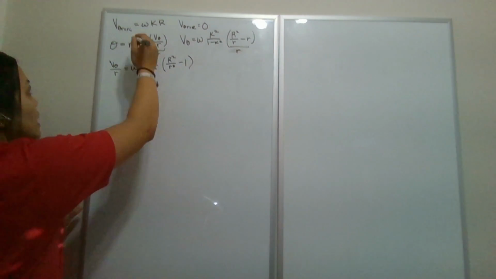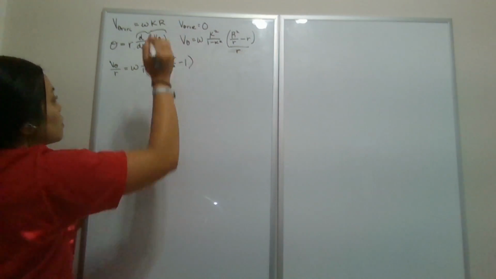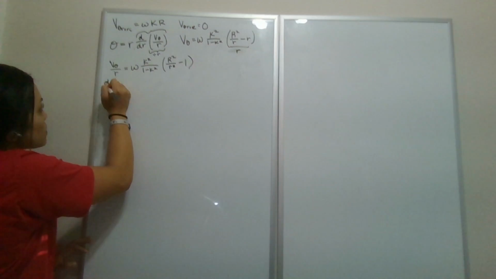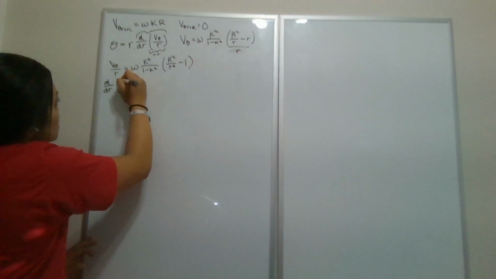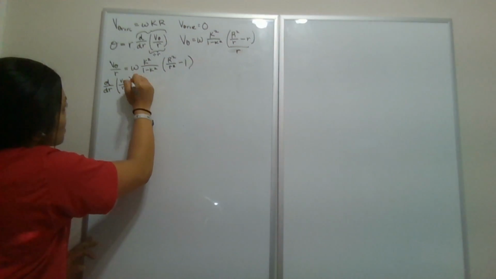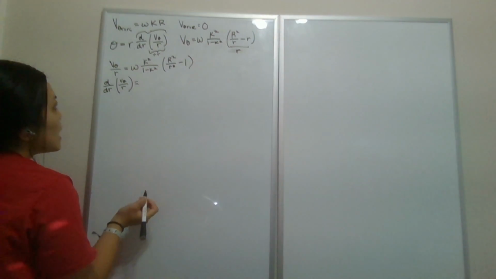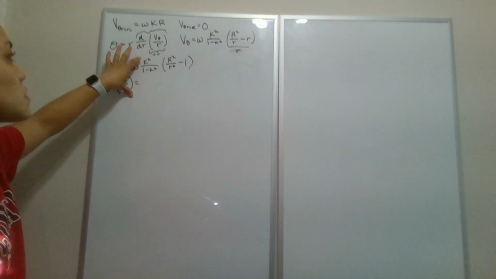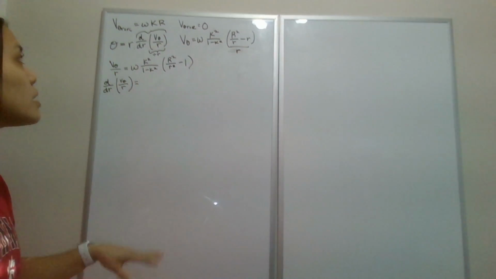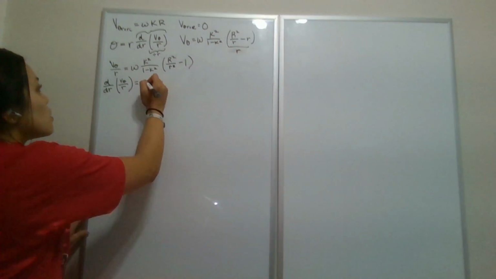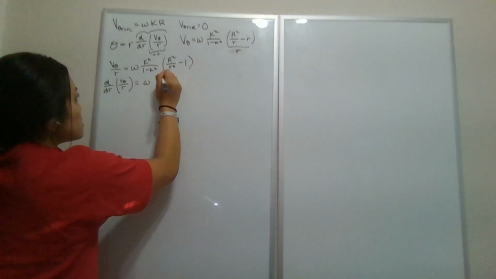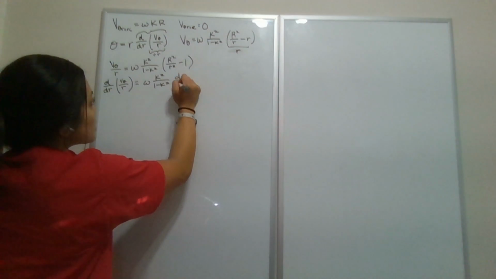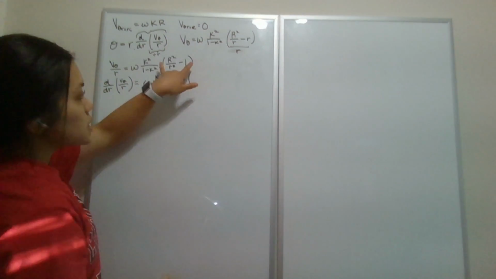Now the next portion we have is this derivative with respect to r. So we're going to take the derivative on both sides. And the angular frequency as well as the proportion between inner and outer radii squared divided by 1 minus the proportion squared is constant, so we can take that out front and take the derivative of this quantity here.